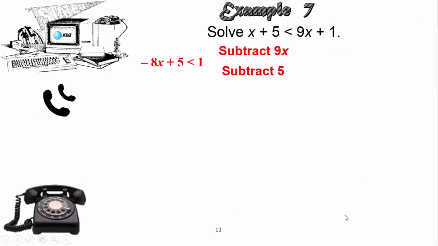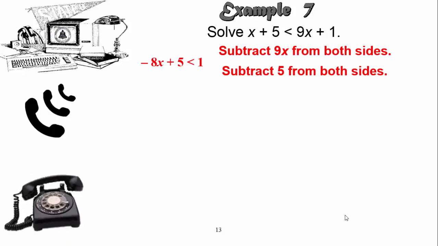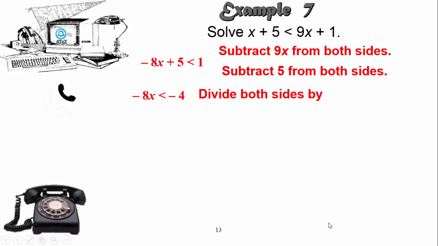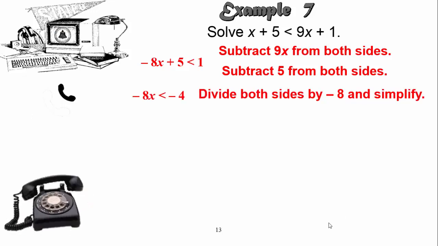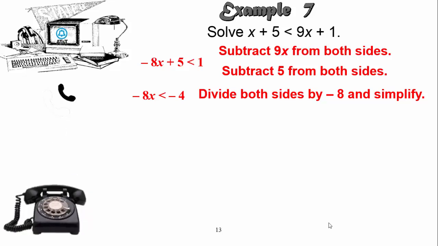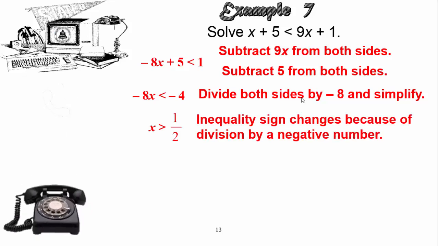Reviewing what we just did on the whiteboard, we subtract 9x from both sides, subtract 5 from both sides, and we end up with negative 8x is less than negative 4. Divide both sides by negative 8 and simplify. The inequality sign changes because of division by a negative number.